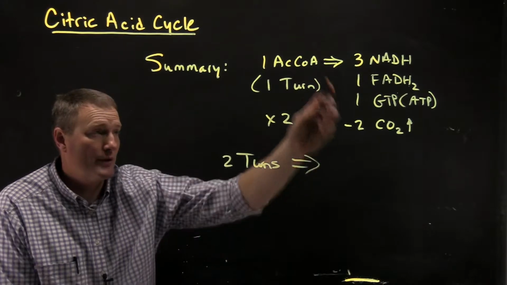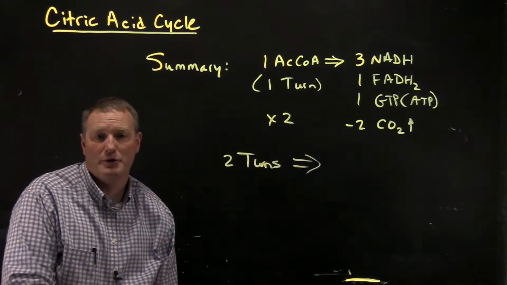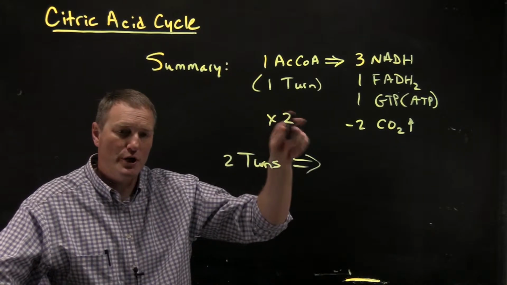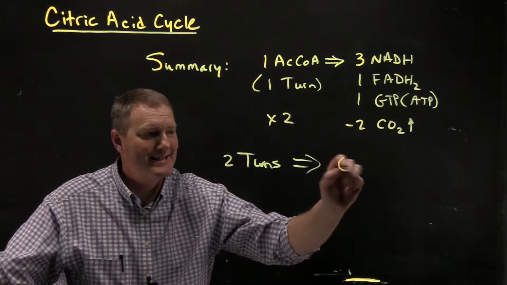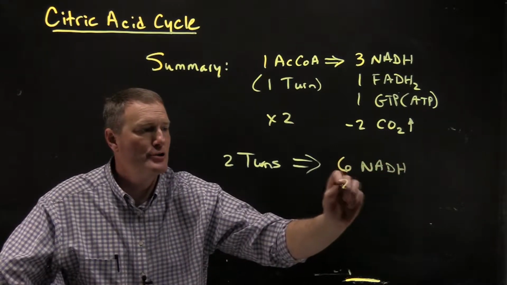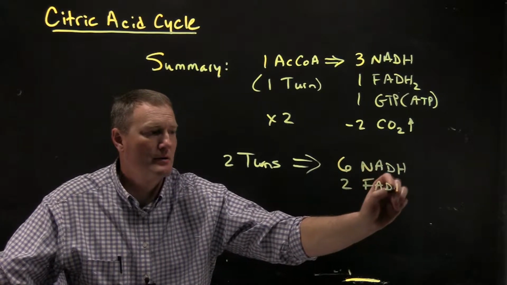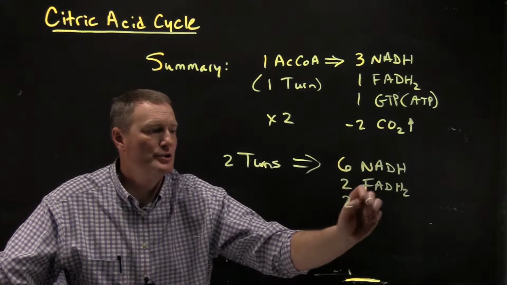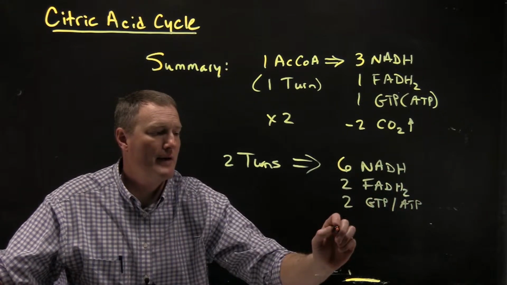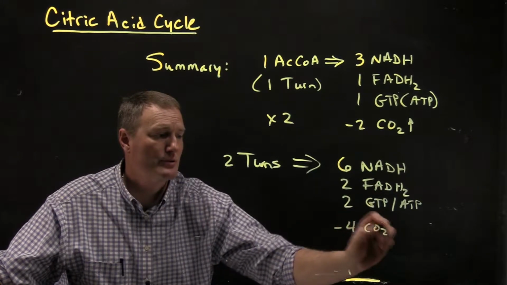And ultimately, we'll then just take these numbers and multiply each of them by 2. So by going through 2 turns of the Krebs cycle, we're ultimately going to get 6 NADHs, 2 FADH2s, 2 GTP/ATP, and then minus 4 CO2s.